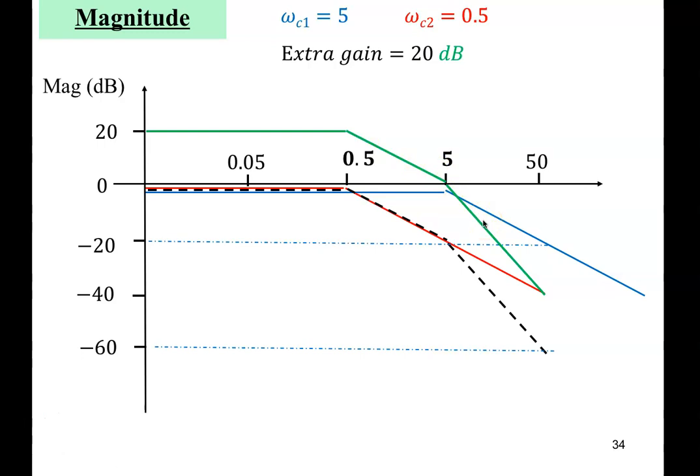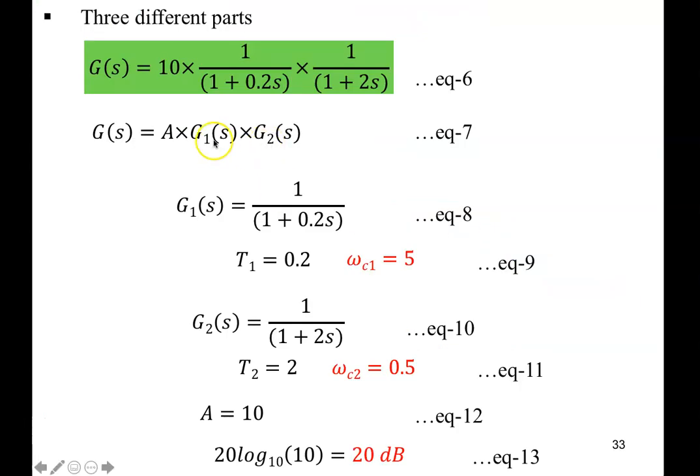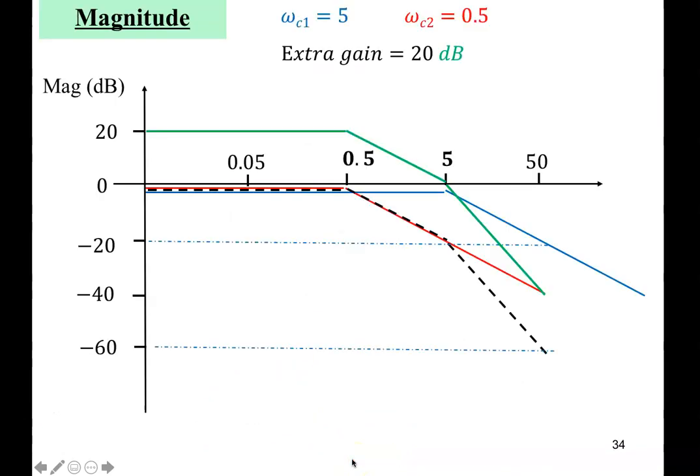So the green line is actually the magnitude plot of the overall transfer function G. Okay, so do them in steps. First of all, separate the subsystems, make sure they are in the standard format, find the corner frequency for each subsystem, find the overall DC gain, and work out the dB value of that gain. And then for each individual subsystem, deal with them as if they were single first or second order systems.